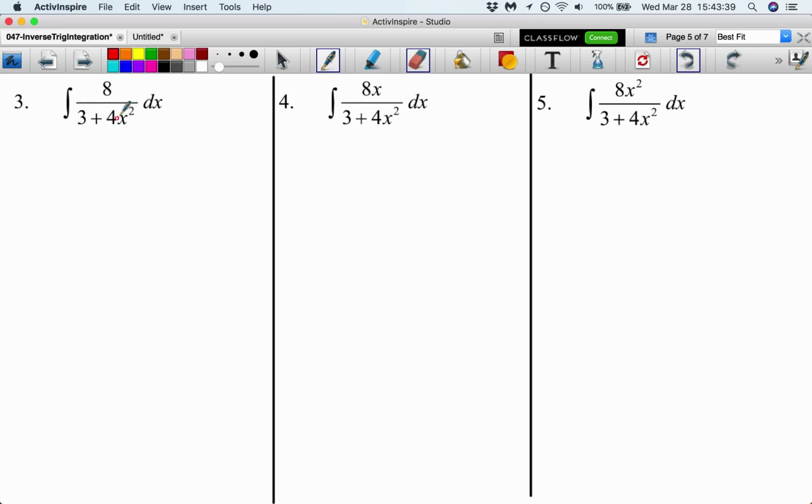Natural log, we would just check the derivative of the entire bottom. I'm just showing you how this would go. It's not natural log. If the entire bottom was u, then u prime would be what? 8x. Ooh. Anyway, so that's not on top, and I can't get an x. So that's how I know this is not natural log.